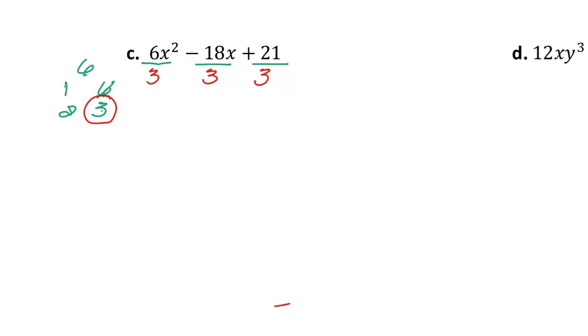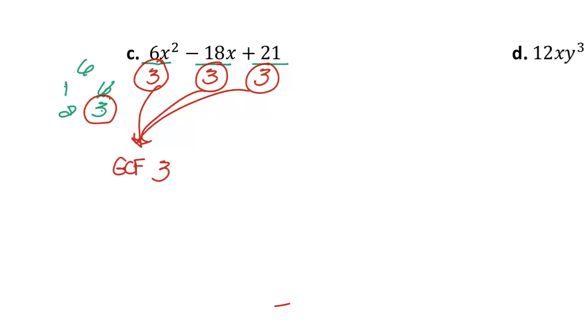Do they all have that variable? No, so it's not common to all, so I can't even divide by that x, right? So this is your greatest common factor. That's your GCF, and that becomes your first factor out in front. Now let's divide and see what we have left.